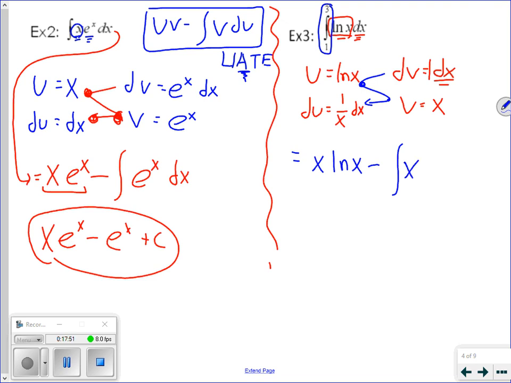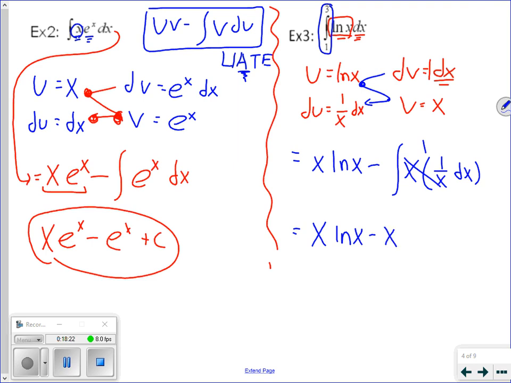So that's x, and then du is 1 over x dx. Now the cool thing is that 1 over x and x cancel out, so really I'm left with 1 dx. So this is equal to x ln of x minus, and the integration of 1 dx is just x.